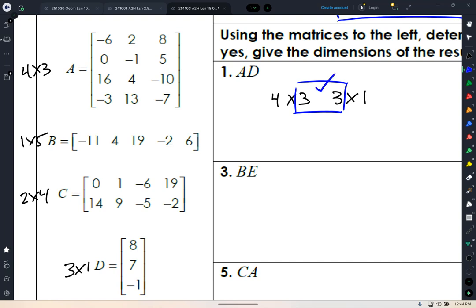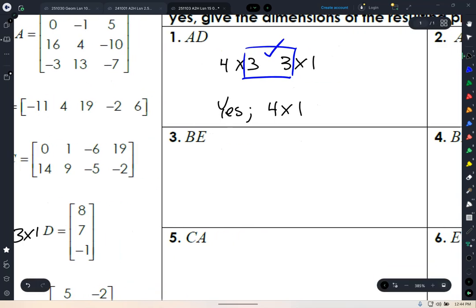When they are, you're going to put a check mark. And the question is, can you multiply them? The answer is yes. And I want to know what the resulting dimensions are. So our answer is going to be a what? A 4 by 1. Now, when it comes to typing that into formative, again, I'm going to give you more spaces than you need, and you'll be filling in the empty spots with NAs. So it's really important that you know what the dimensions are of your answer.